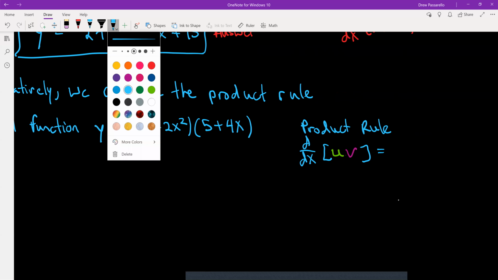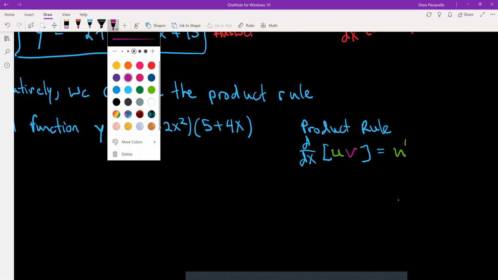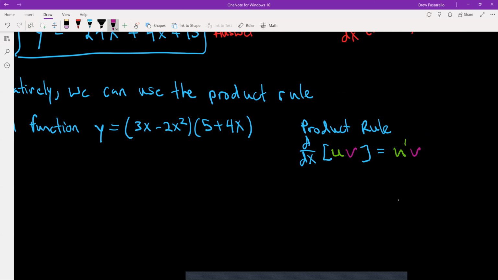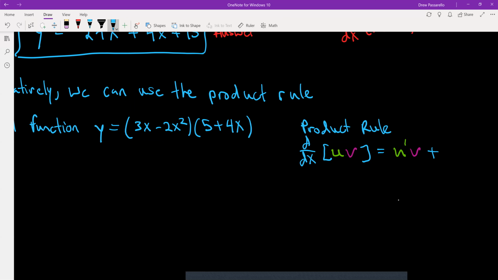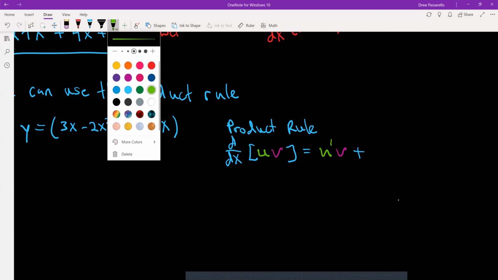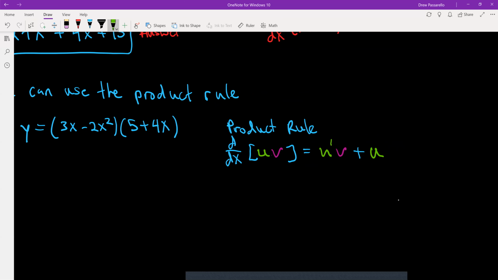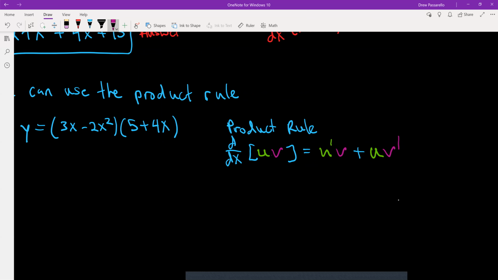You take the derivative of the first function times the second function v, and then plus u times v prime. So u prime times v, derivative of the first function times v, plus the first function u times the derivative of the second function v. All right, that's the formula.